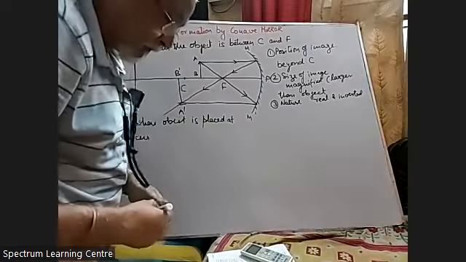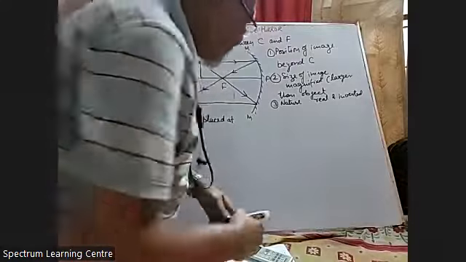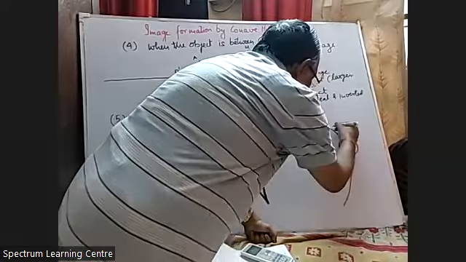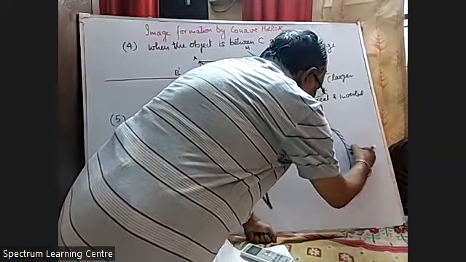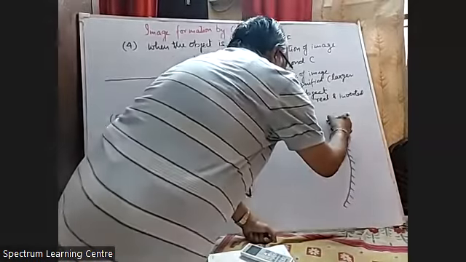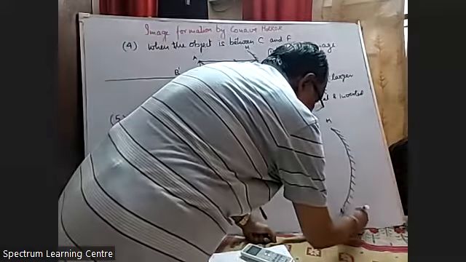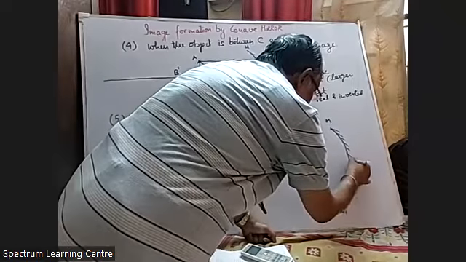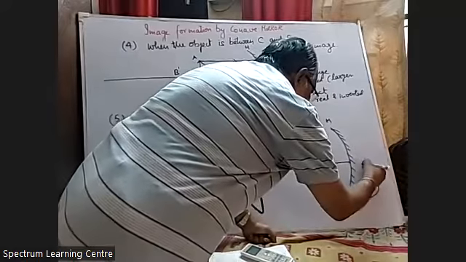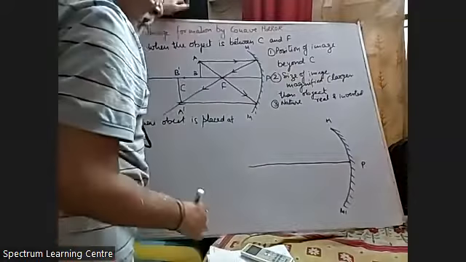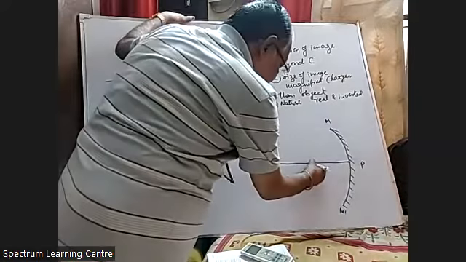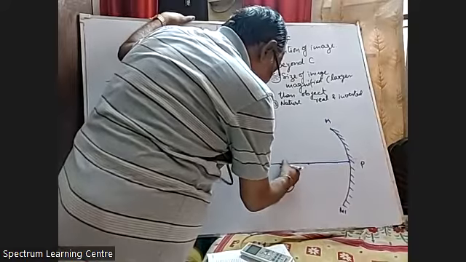Let's see. Suppose this is my concave mirror M dash. This is the pole and this is my principal axis. Okay. Suppose this is my focus and this is my center of curvature.